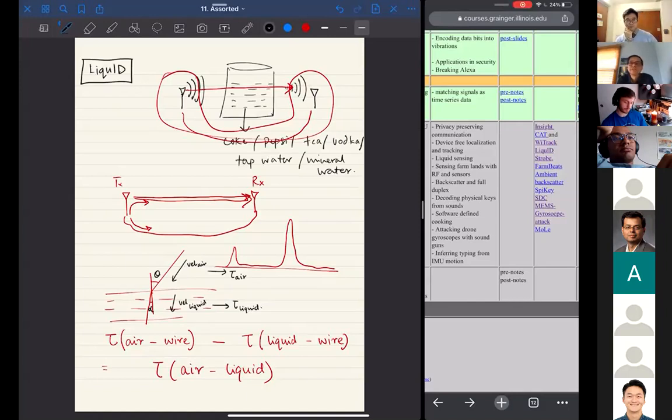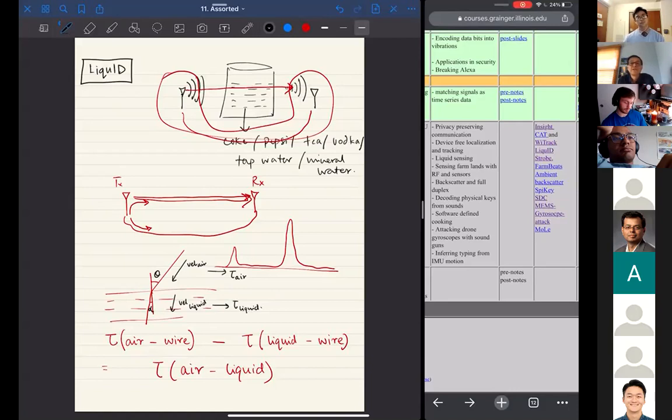Third application, in many places, there are problems such as people put tap water in mineral water bottles and seal them. Okay, these kind of illegal stuff happens.